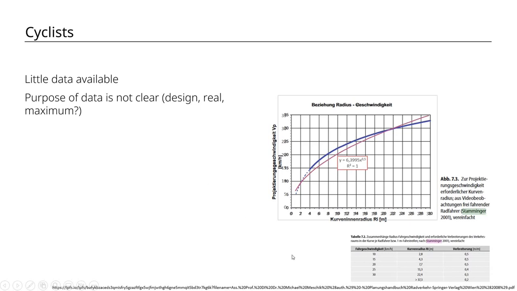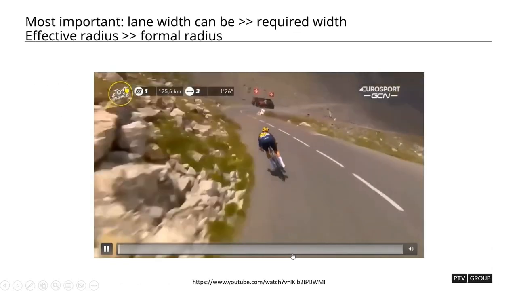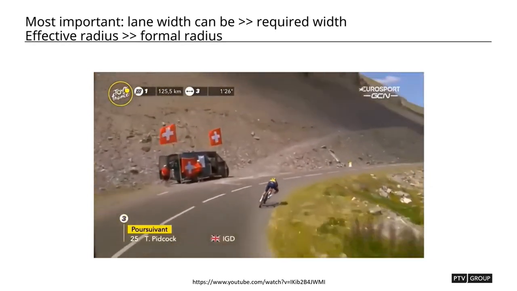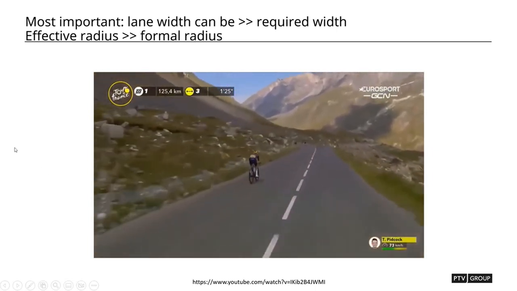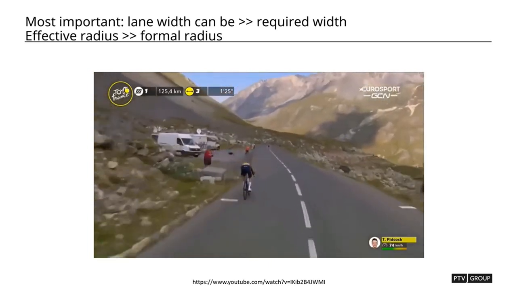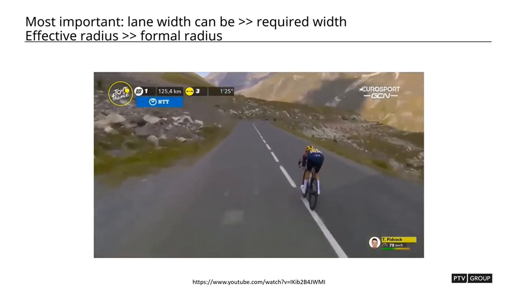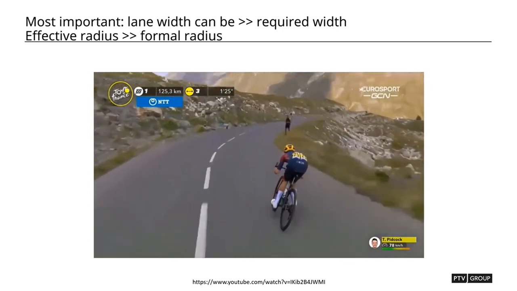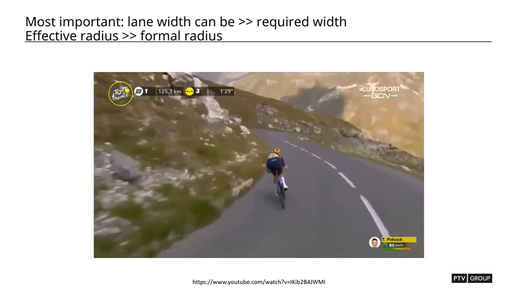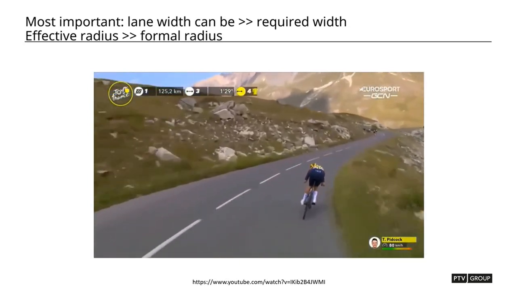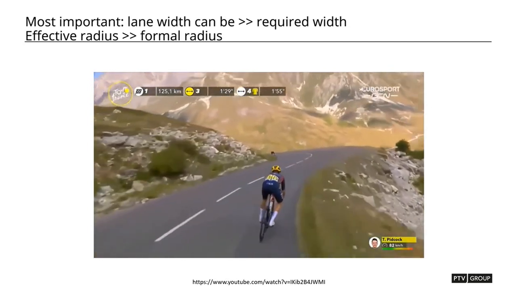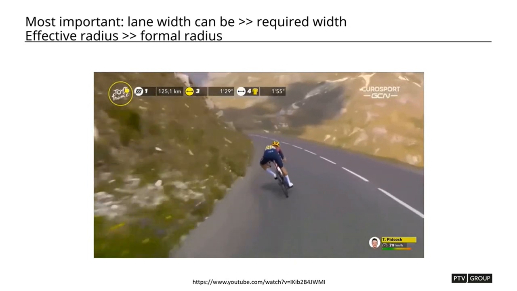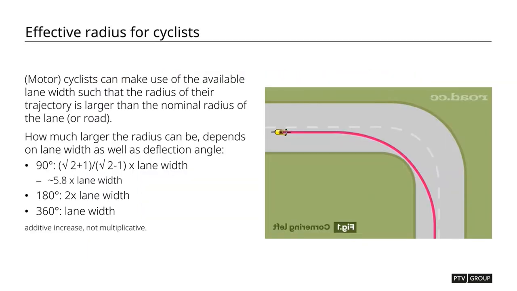But the biggest issue is that cyclists are small compared to lanes which are usually available. I'm not talking about the lanes which we see here, where a professional cyclist on a closed lane is going downhill and is using the entire width of the road. But even in normal settings, cyclists often have the opportunity to sway, and by that having effectively a larger radius.